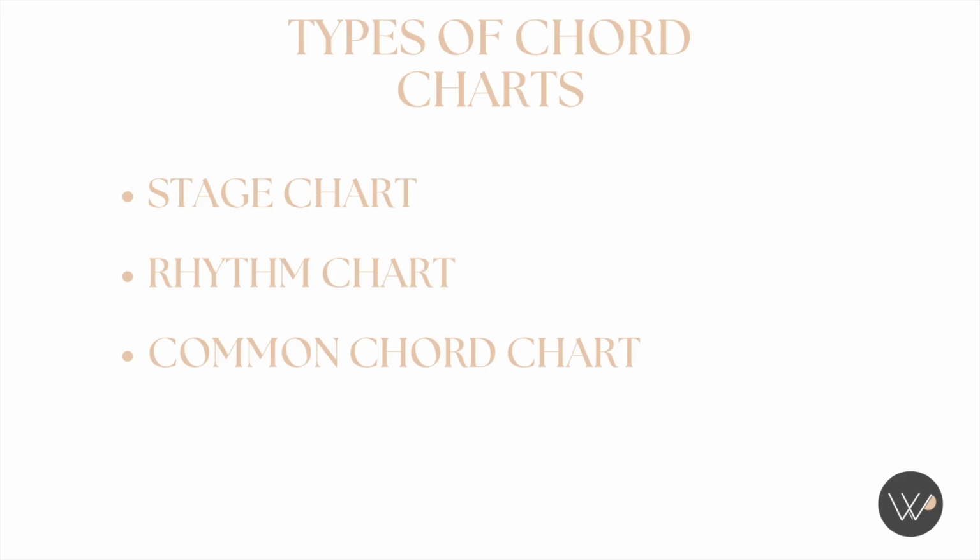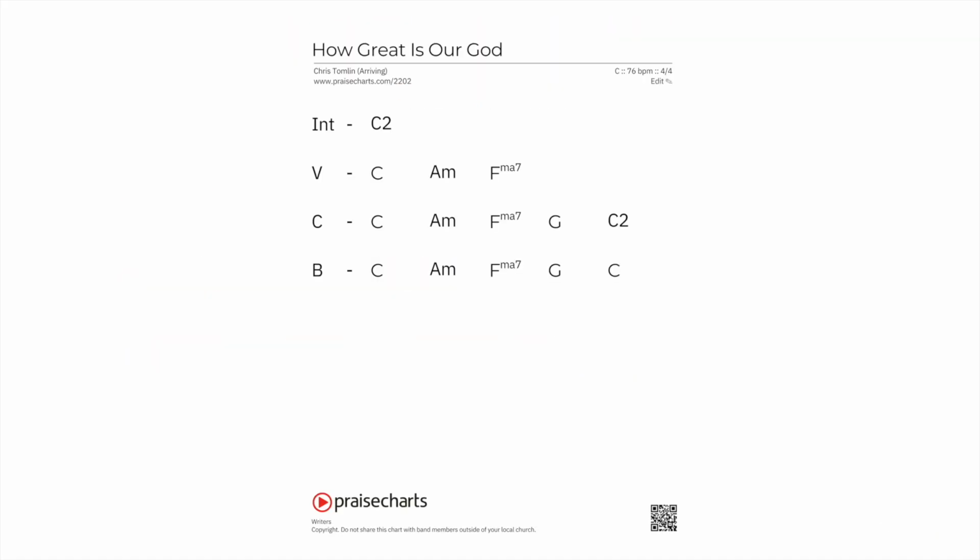And then the last one I'm just calling a common chord chart because it's the most common format of a chord chart that you typically see, whether that be one that you pull up online or one that you might purchase from a specific website, which we will also talk about. Just a few different websites and places that you can get some really good quality chord charts for worship songs from. The first chord chart we're going to take a look at together is called a stage chart.